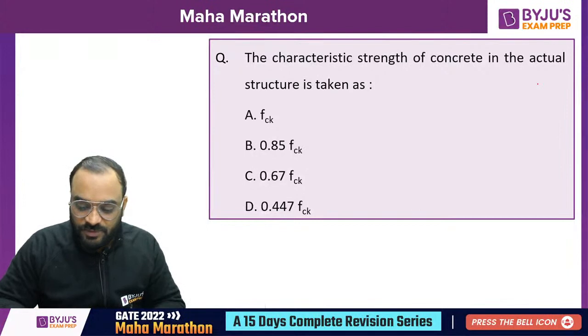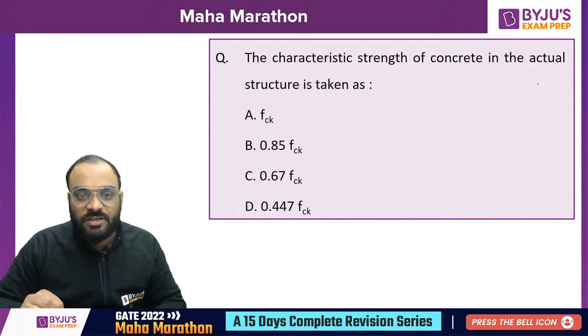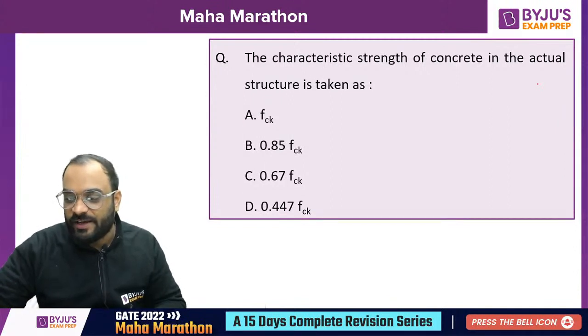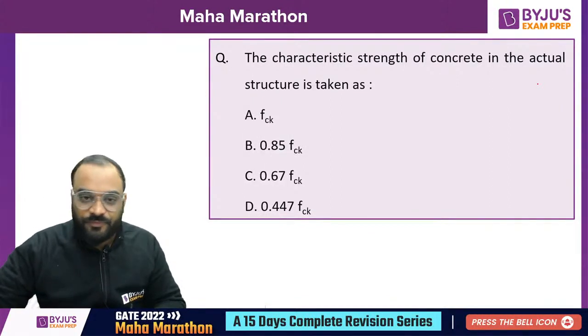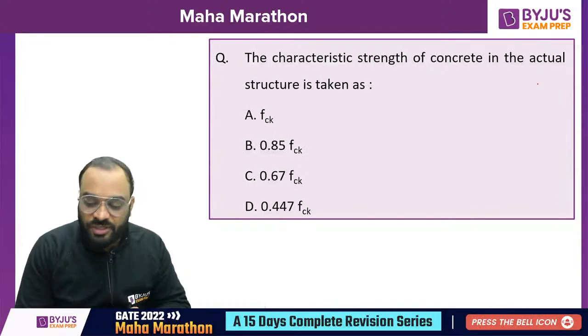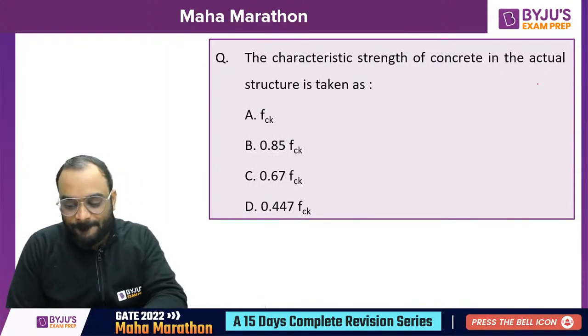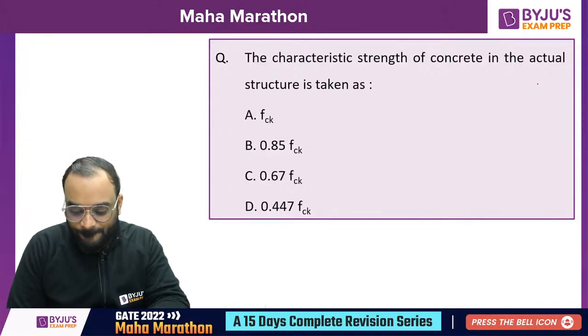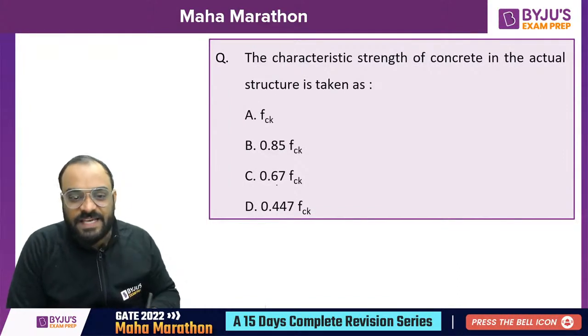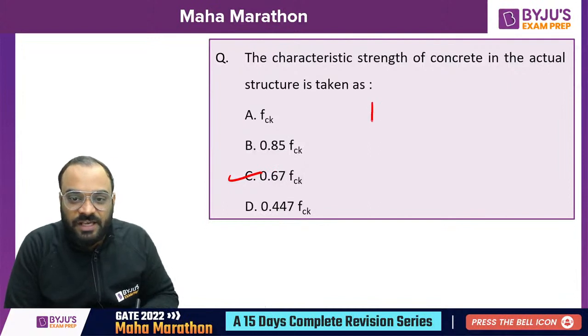Next, in the actual structure, what should be the characteristic strength? I just told you. The characteristic strength of concrete in the actual structure. Tell me guys. C, 0.67 FCK.